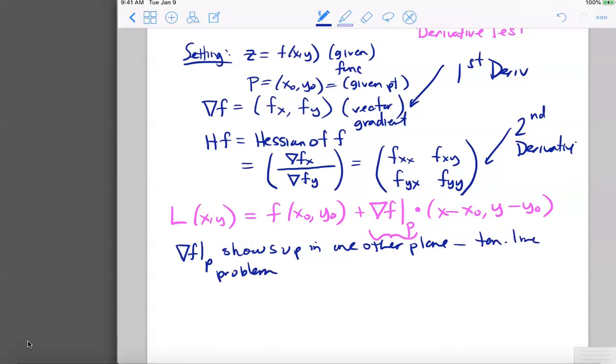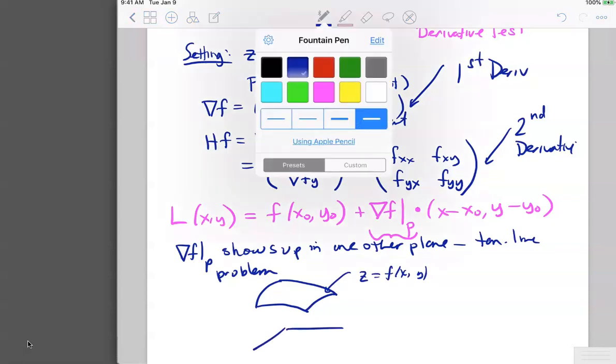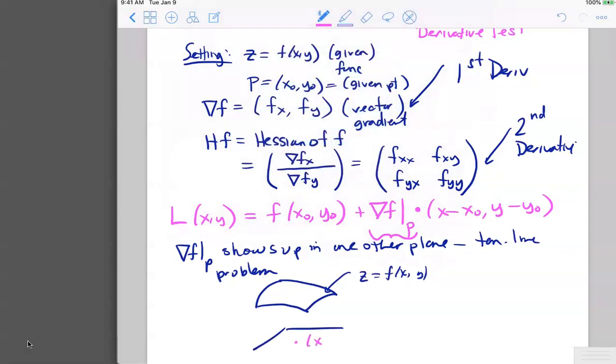The tangent line problem was a similar problem: if you had a function z is equal to f of xy, and you had a point given down here, x naught, y naught, and you had decided to choose a certain direction, u could be a direction vector, then there would be a line that contains that vector u as its direction vector.